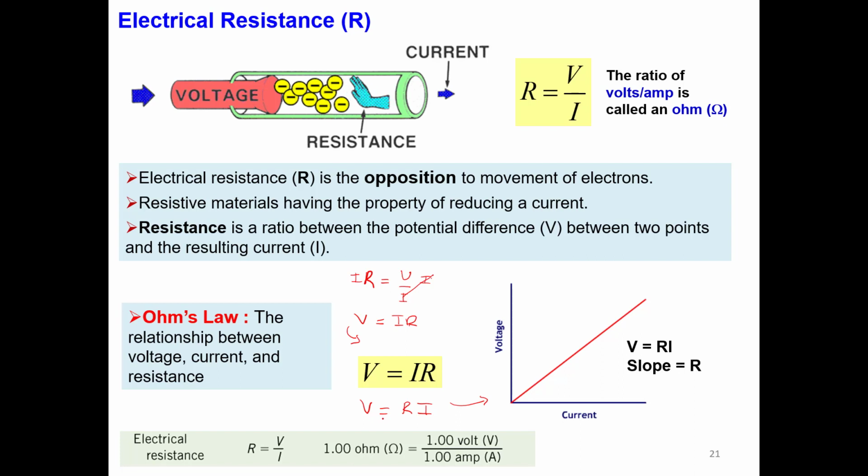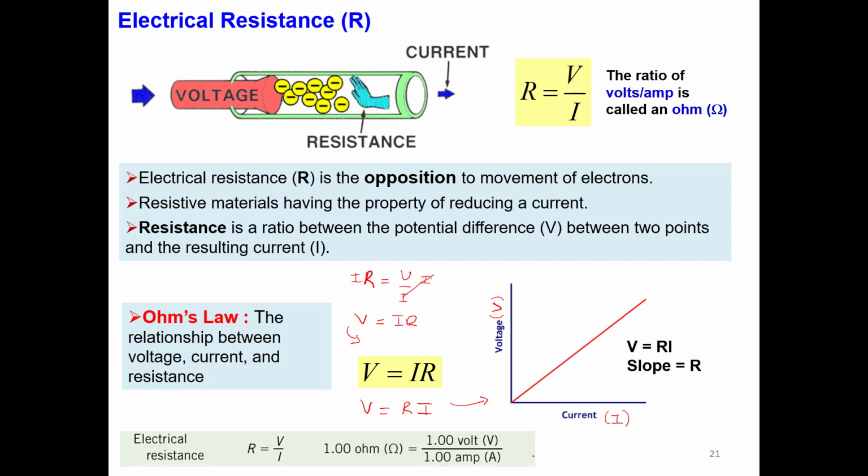If we plot voltage versus current, with voltage in the y direction and current in the x direction, the resulting graph is a straight line. Then the relation between voltage and current is directly proportional.